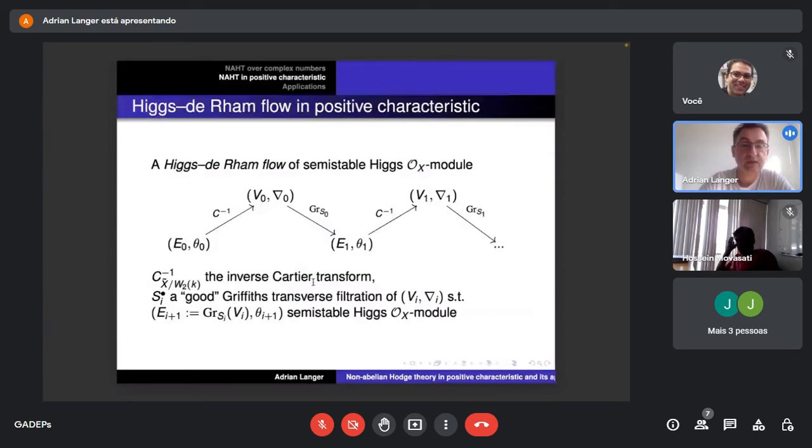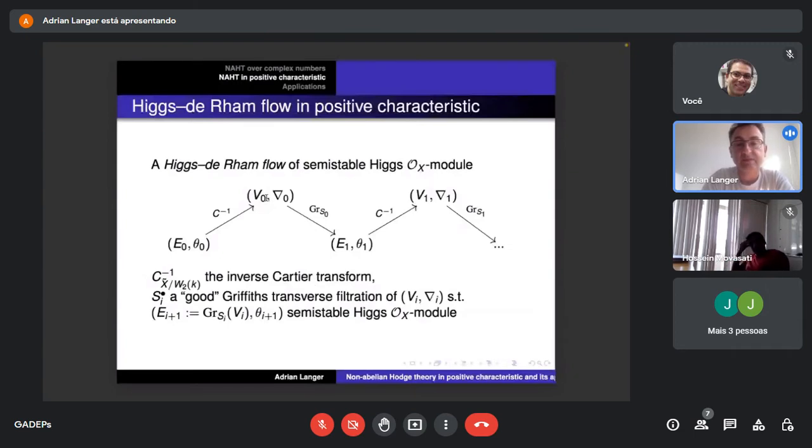Suppose that we start with a Higgs bundle with nilpotent Higgs field like the one that we use for our Cartier transform. Then the inverse Cartier transform produces an O_X-module with an integrable connection, and because we have an equivalence of categories, it is still semi-stable, but now with respect to the connection.